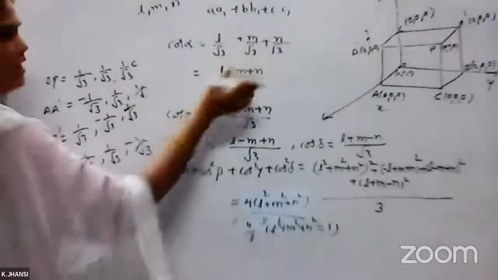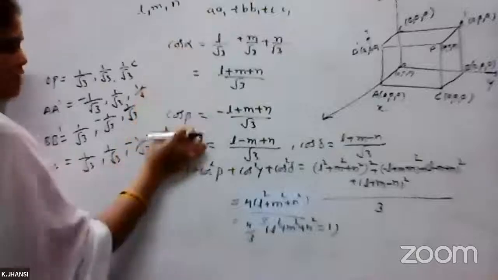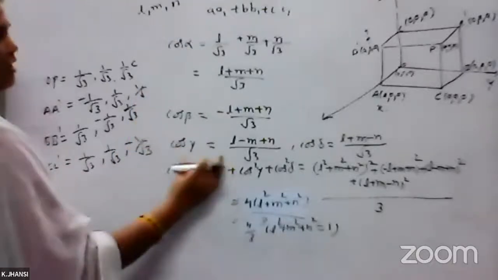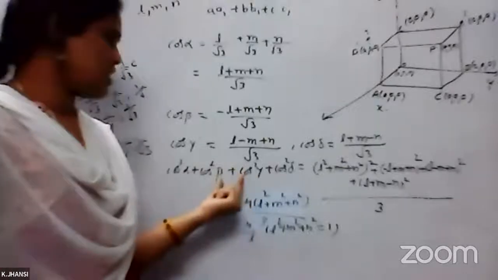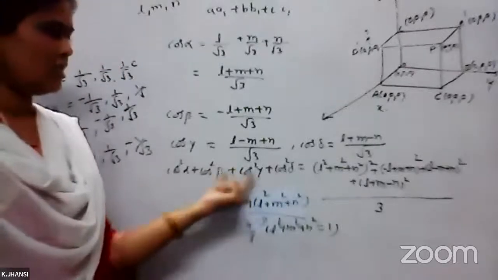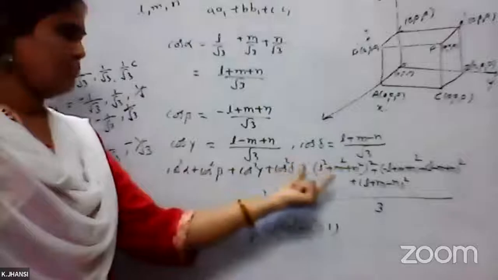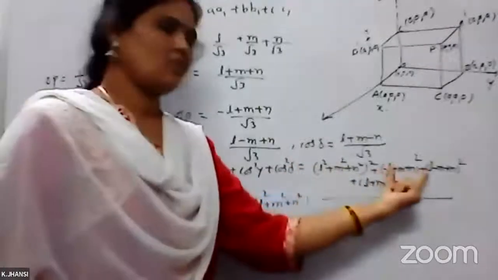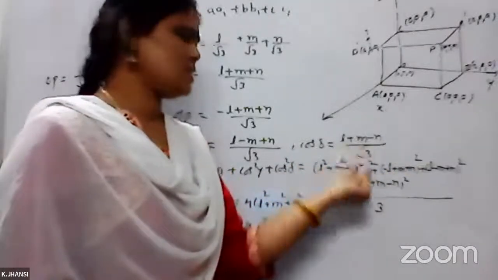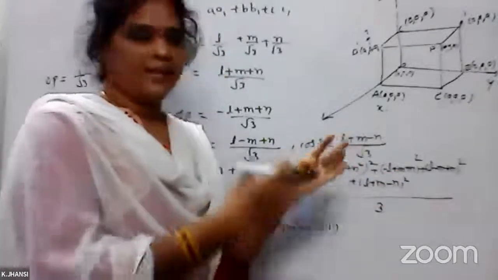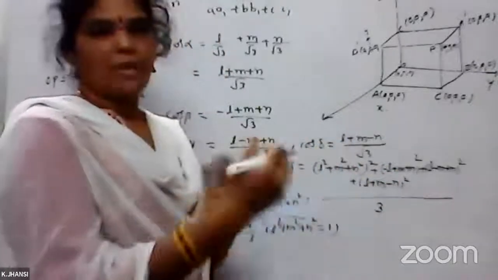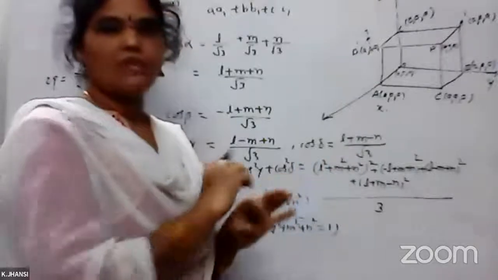When you add that, you will get this. So cos alpha, cos beta, cos gamma and cos delta. We need this relation, as the question is asking to find the relation. So when you square them and expand in the form of A plus B plus C whole square, all the AB terms, that is LM, MN or NL terms, almost all get cancelled.